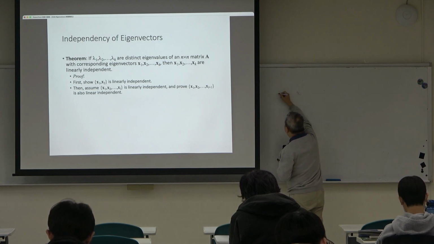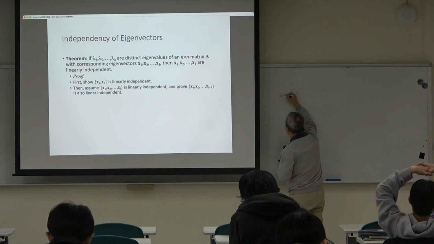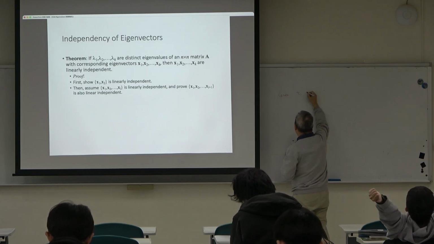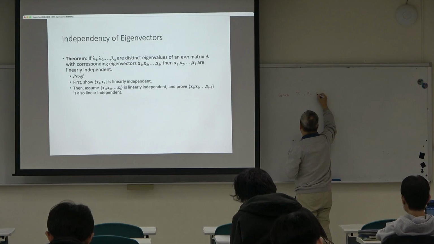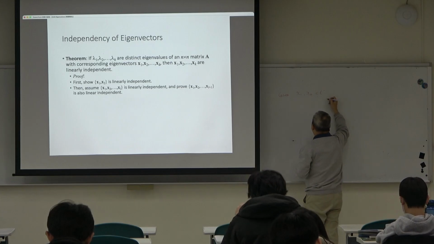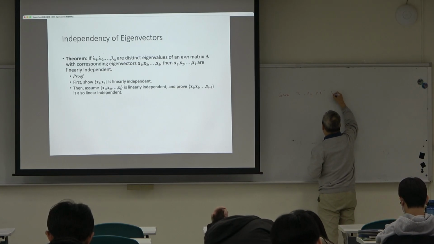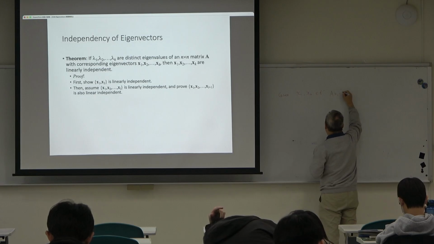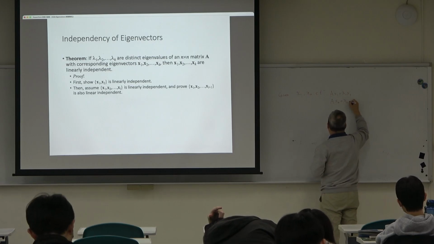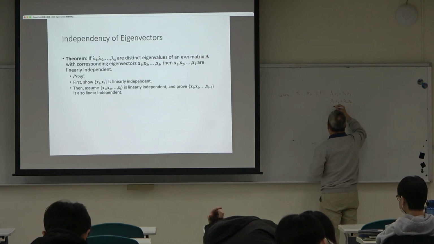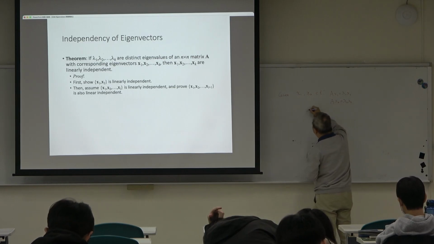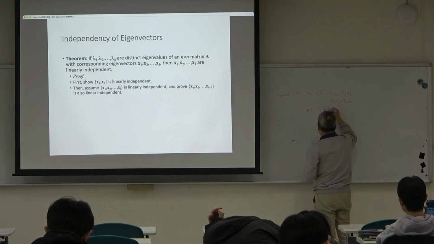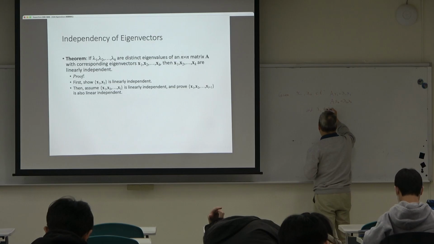Given x1, x2 such that A x1 equal to lambda 1 x1, and A x2 equal to lambda 2 x2, and lambda 1 and lambda 2 are different.